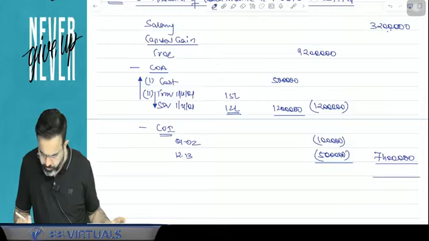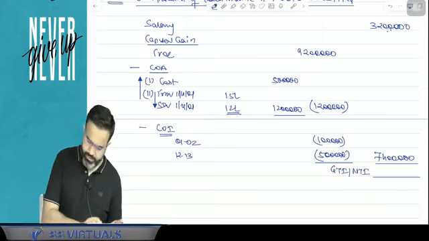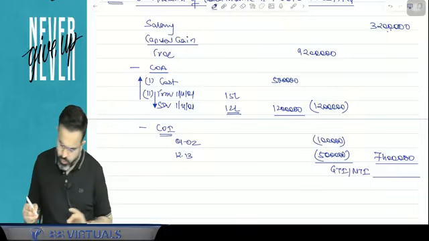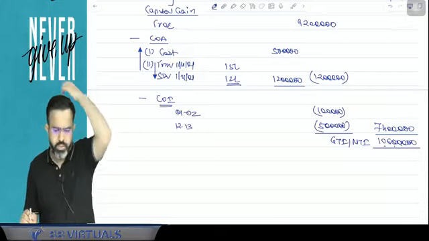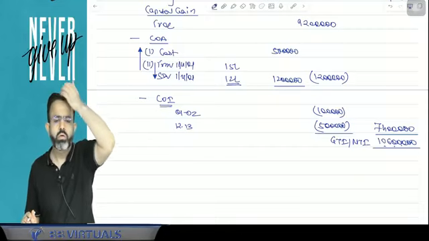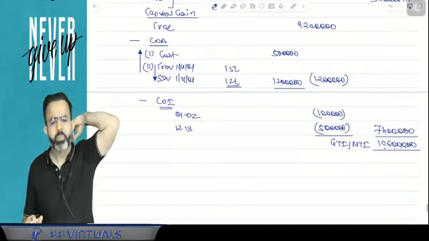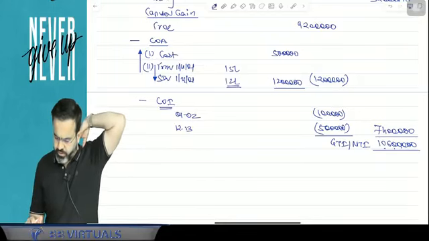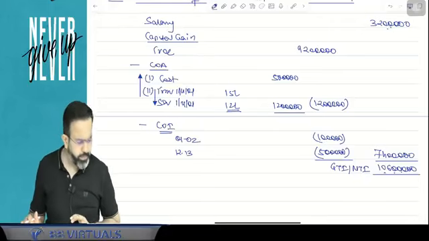So 74 lakh and salary income, so GTI or NTI is 1 crore 6 lakh. Now part B total income is 1 crore 6 lakh, na? How are you getting 1 crore 69? 1 crore 6 lakh only, na?